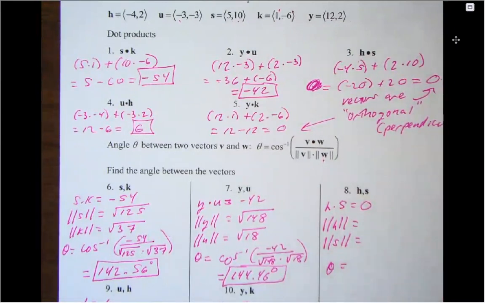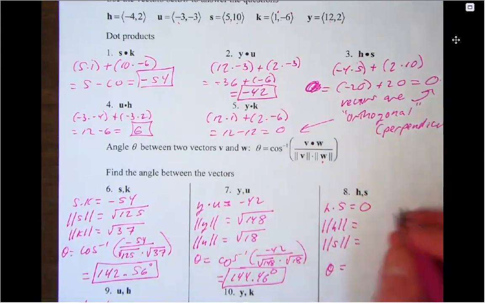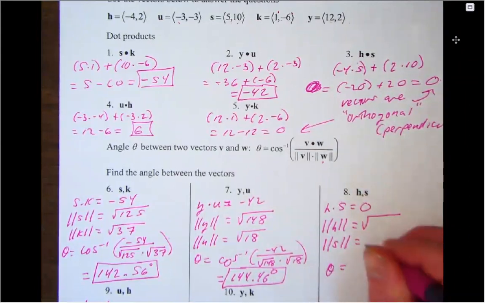That'll only work if they're both 0. And remember, magnitude is the square root of the sum of the squares.